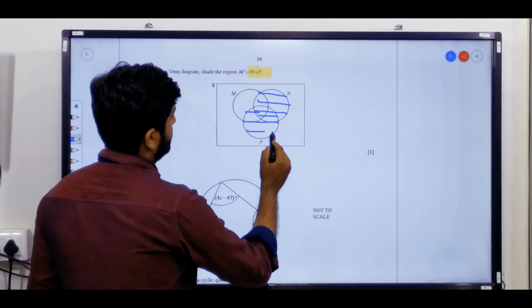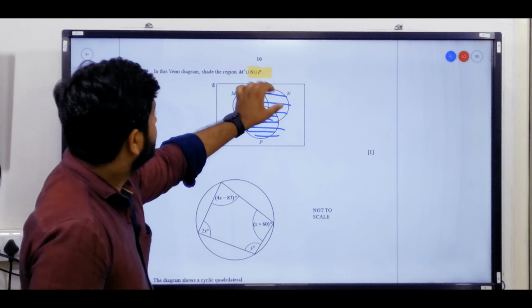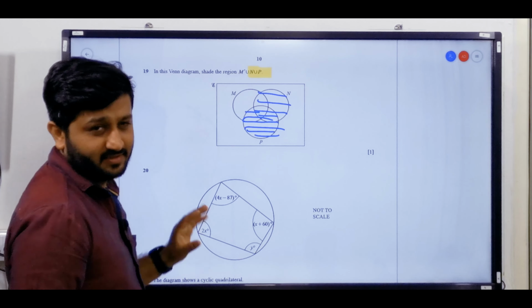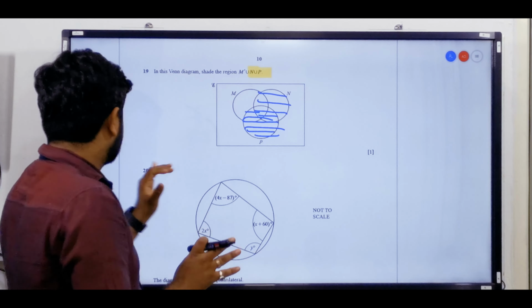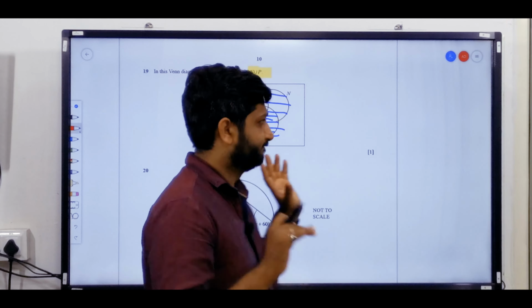So this is my N union P. Now this is in union with M dash. So first let me shade M dash. What is M dash? Everything except M.